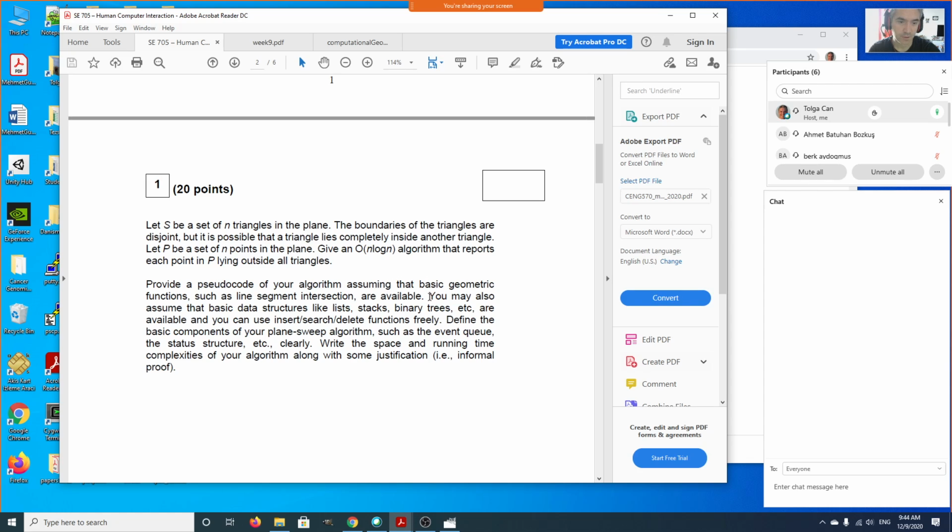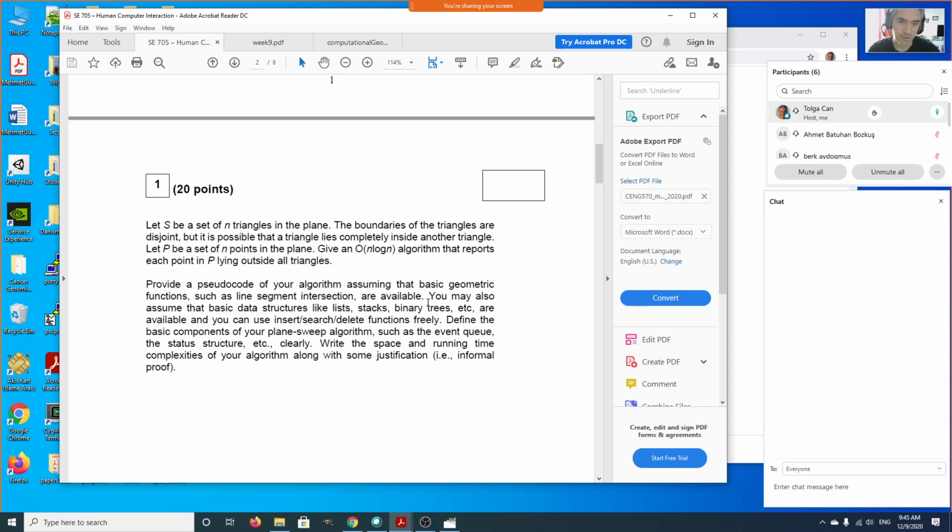So in general, I graded all of your midterm exam papers in section 1. Quite many of you lost like 7 points from here. Because of the status structure, you did not detail how you query the status structure in log n time. Just for example, you say, check the point against the triangles in the status structure.